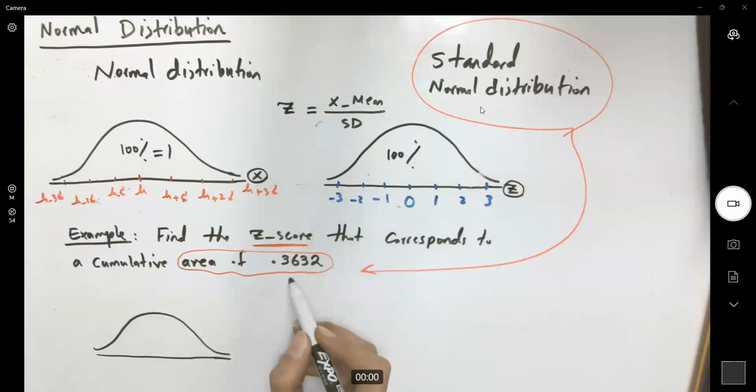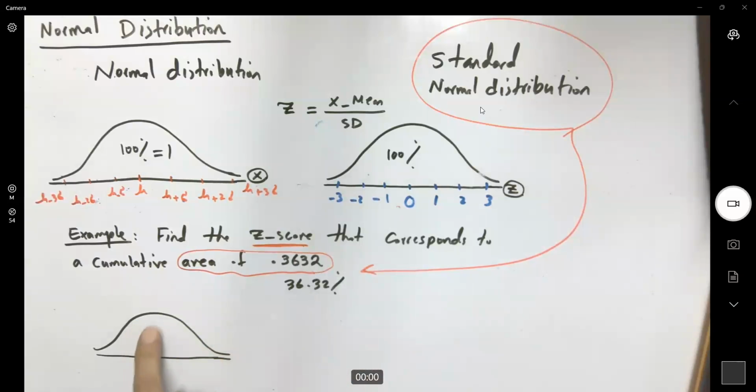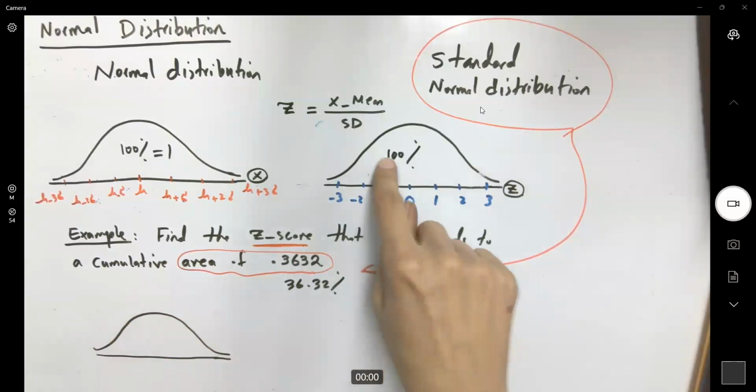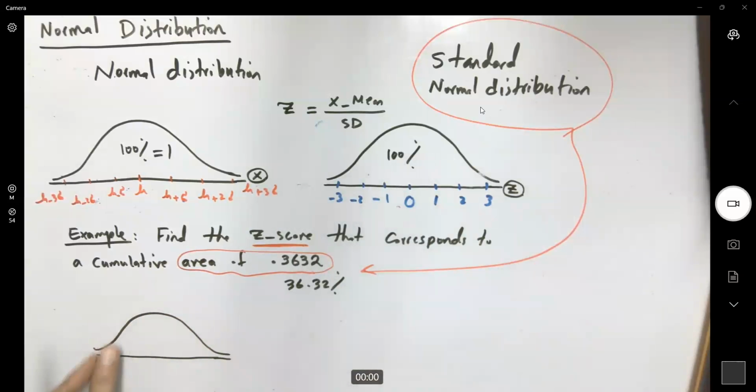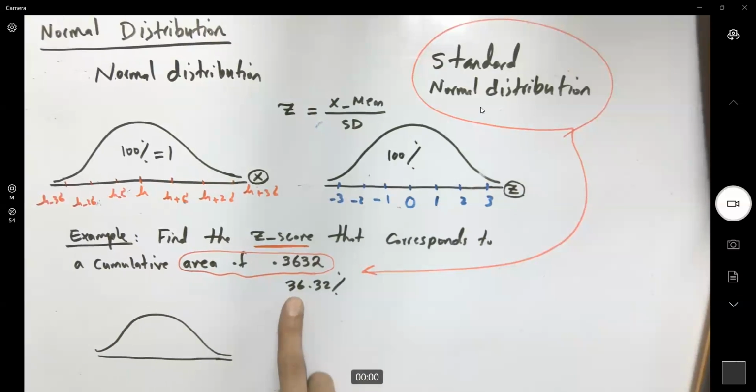I have my area, which is 0.3632 or 36.32%. That's the meaning of that. So where is 36.32? All of this is 100%, but you are taking roughly a third of the area, which is roughly here, 36% roughly.